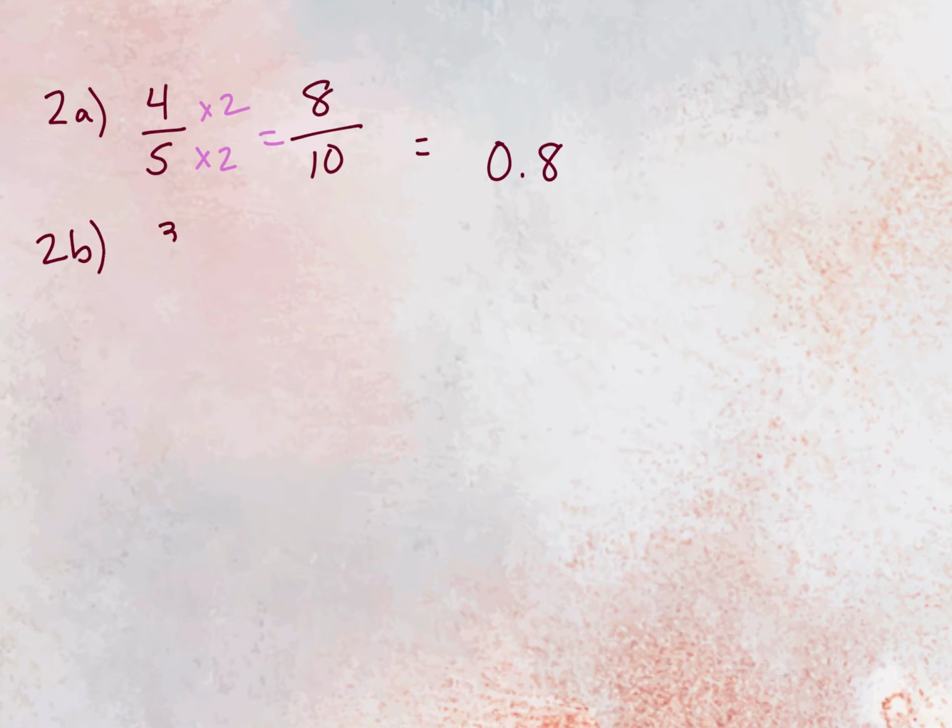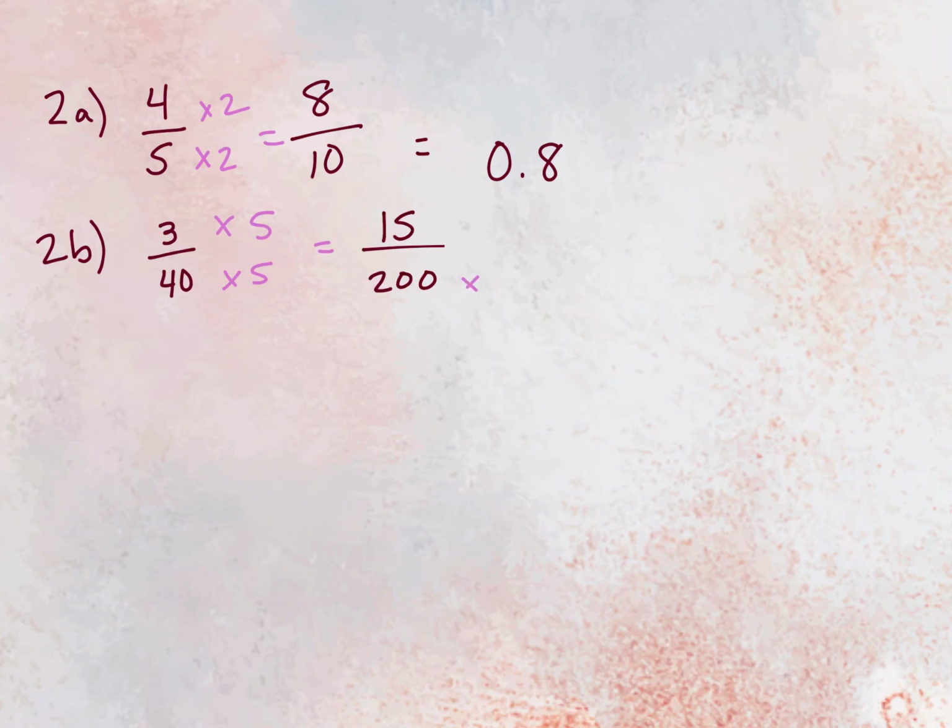B, we have 3 over 40. If we times that by 5, 4 times 5 is 20, so that gives us 15 on the top.